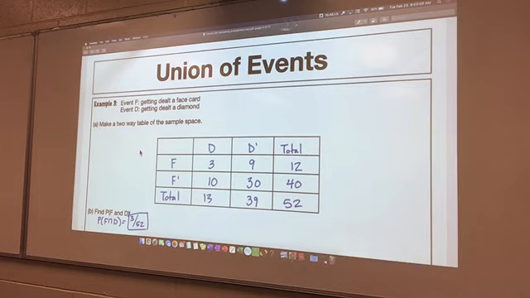I call it double dipping, but what's going on with the face cards and the diamonds? There are face cards that are diamonds, right? So 3 of those face cards that are diamonds have been counted in that probability twice.